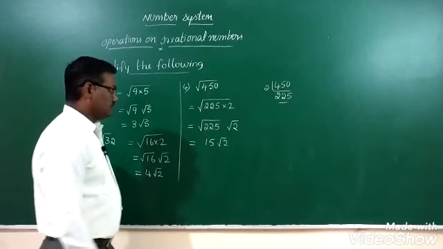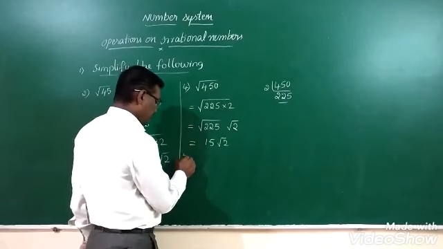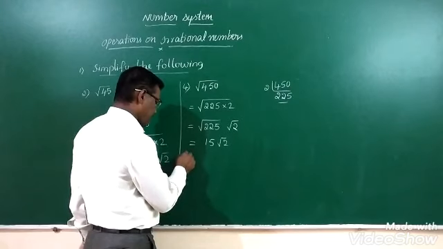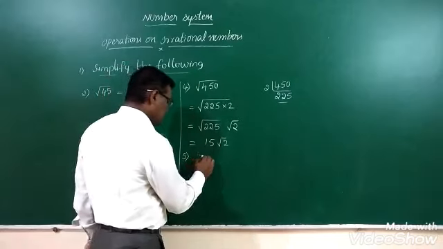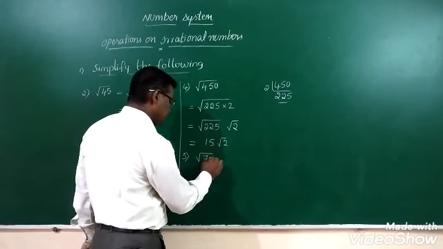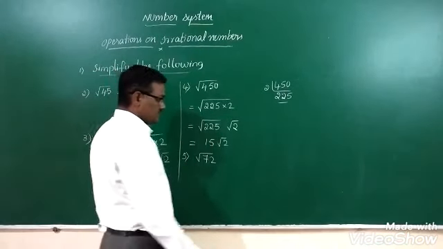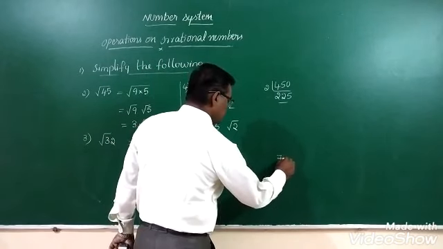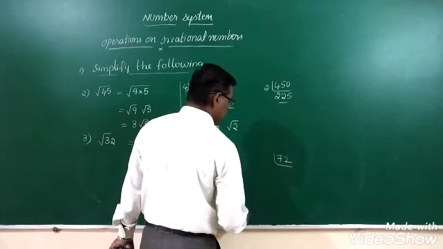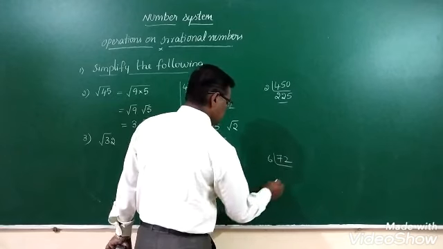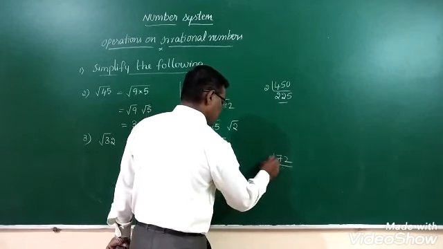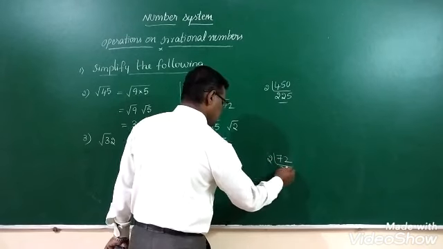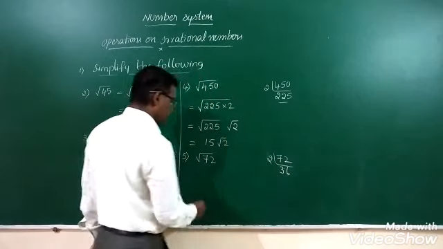Is it clear? Right. Fifth one. Root 72. Here also we can proceed the same way. 72 we can split here. Take 6, 6 1s are 6. Otherwise, you take 2, 2 3s are 6, 6 6s are 36, which is a perfect square.